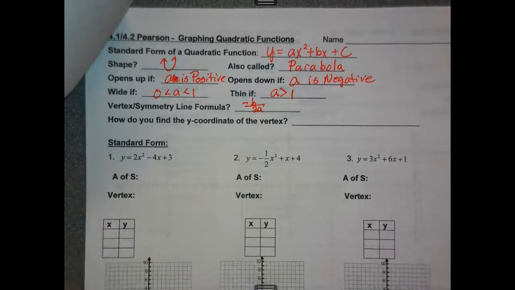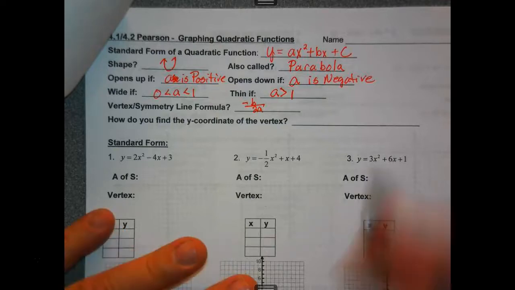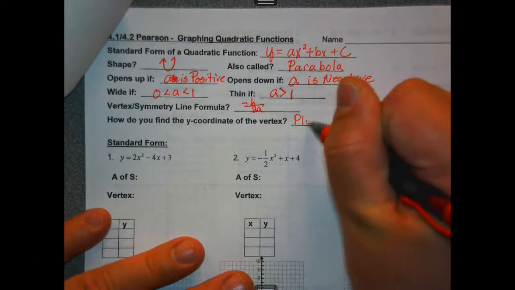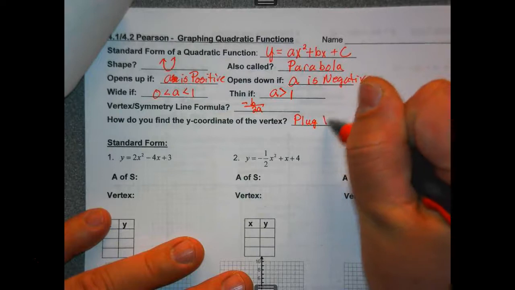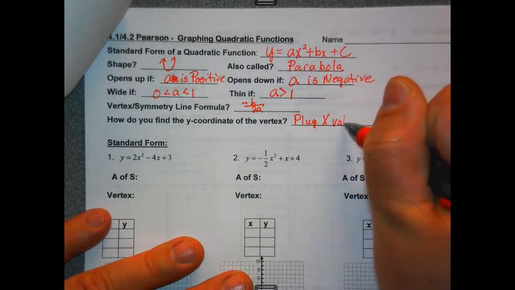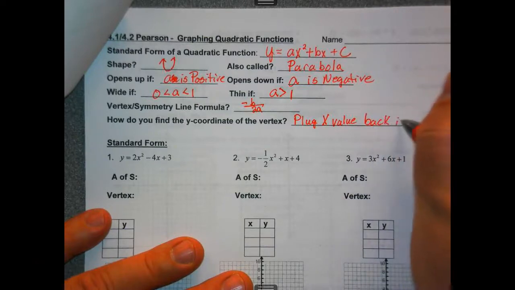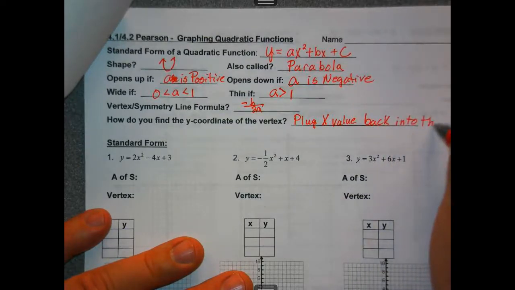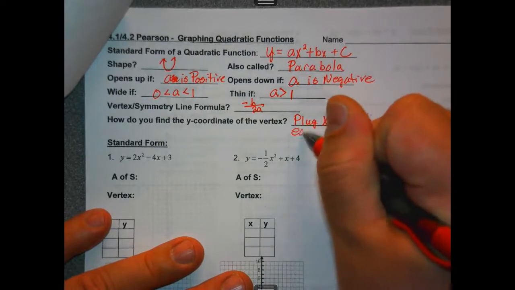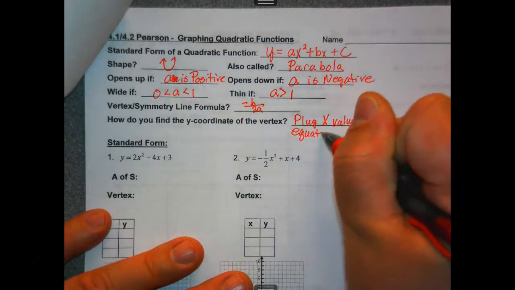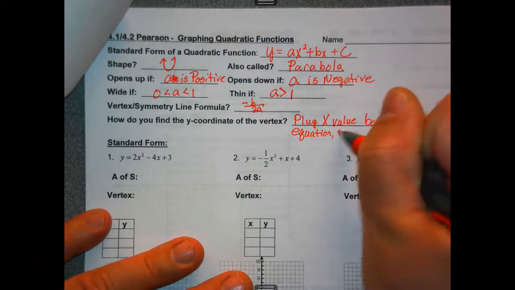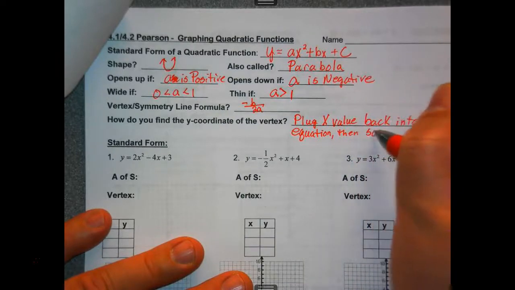Once you find the x-coordinate of the vertex or the axis of symmetry, how do you find the y-coordinate? Plug it back in. Plug the x value back into the equation and then solve for y.